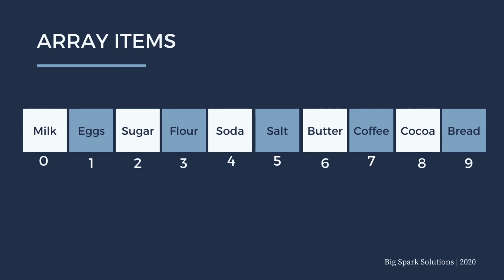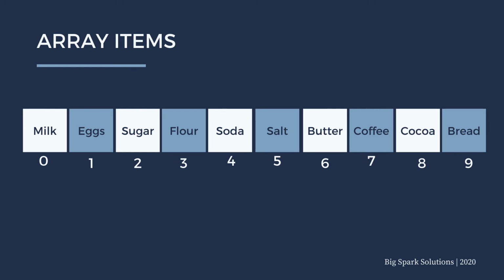So let's say, for example, we have array items of milk, eggs, sugar, flour, soda, salt, butter, coffee, cocoa, bread. So we have 10 items. And these 10 items are identified using the indices or index, which starts with 0 until size minus 1, just like what I said.